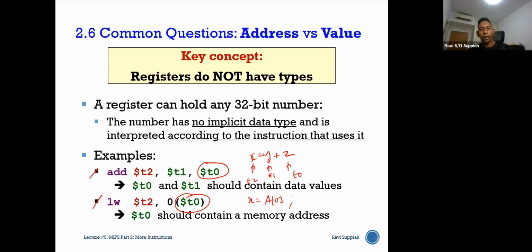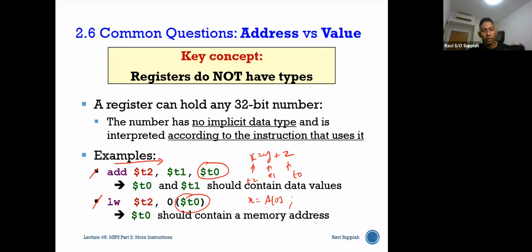In both these cases, we have to make sure that prior to this instruction, T0 is loaded with the correct value. That means before I execute this add instruction, there must be some earlier instruction that has already loaded T0 with the correct value that I want to use for the addition.